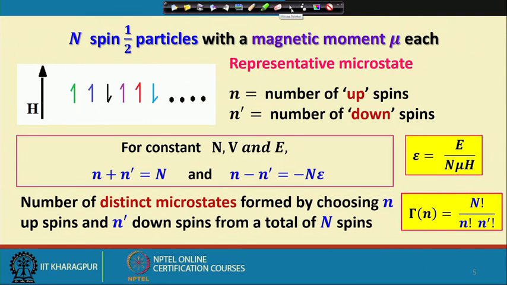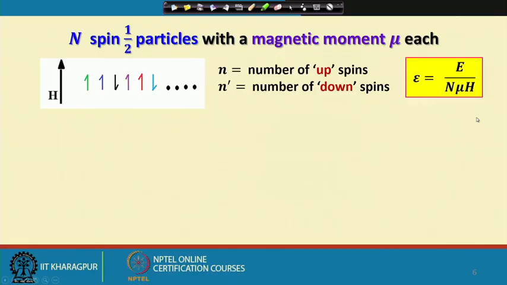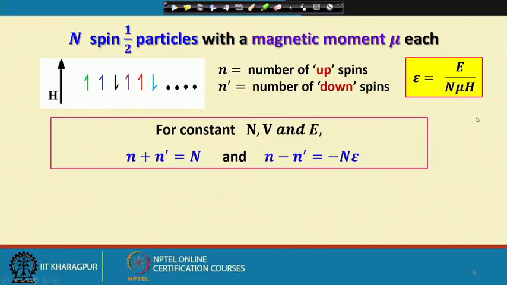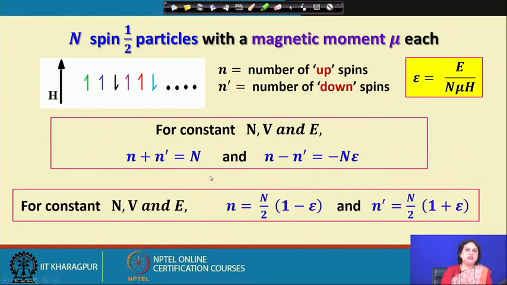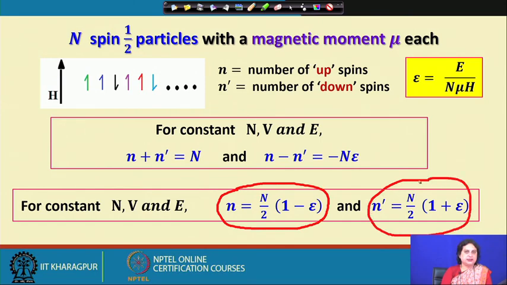While this is actually understandable, let us now have a look at what happens if I want to express this small n and n prime in terms of the given constants capital N, V and capital E. These two algebraic equations can be solved very easily, and you will find that small n is given by an expression like this, and n prime is given by an expression like this.